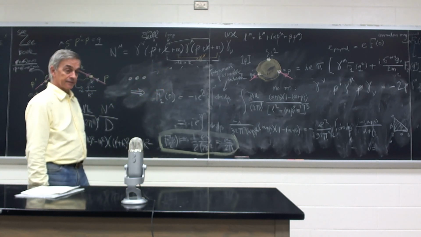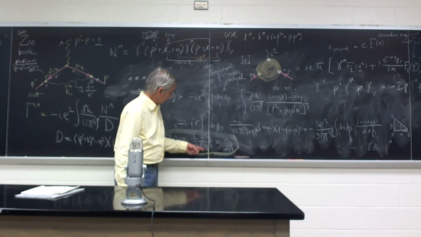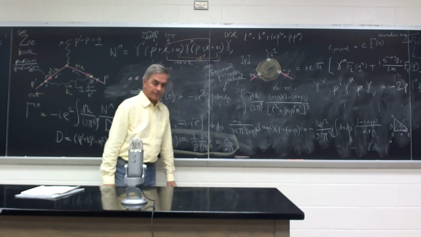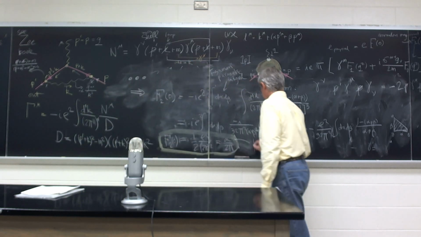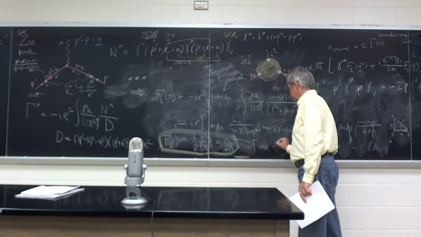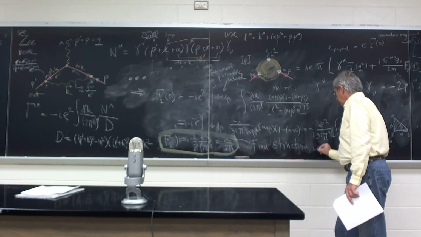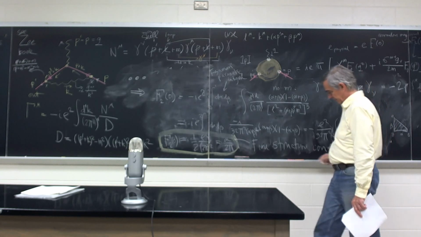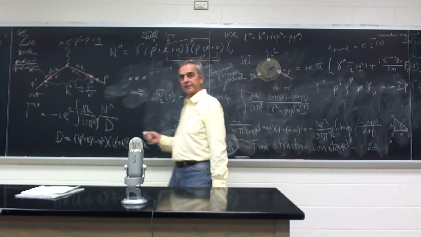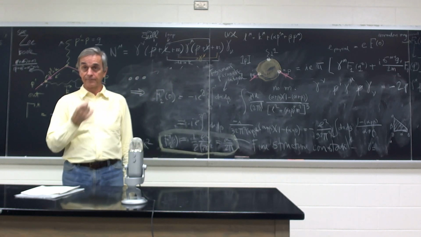And the result is very simple, because this combination is called alpha, the fine structure constant. Then Schwinger was very pleased with this himself because this explained the current experimental measurement in 1948.